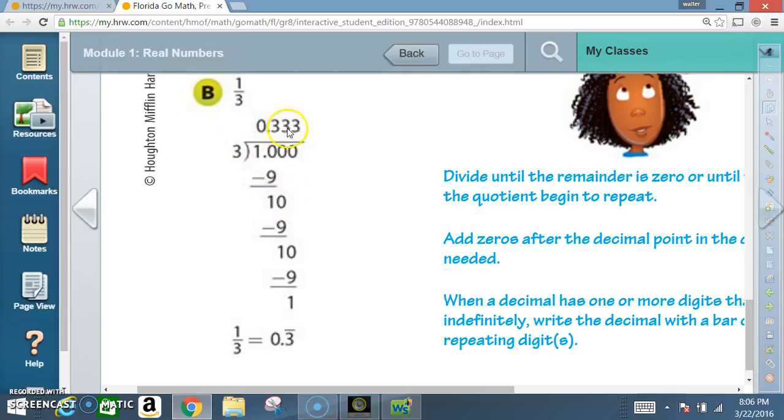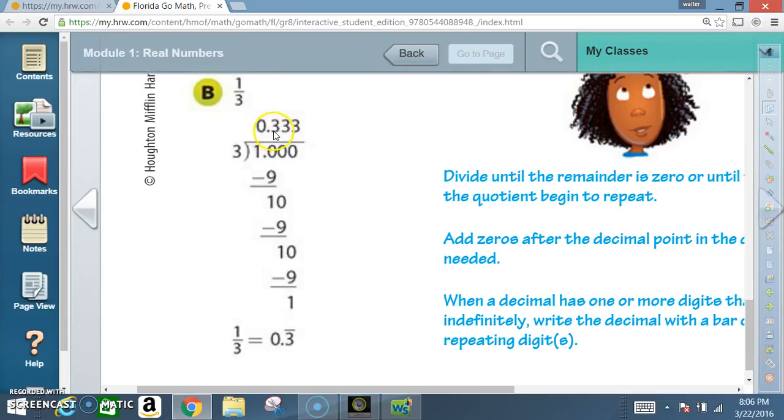3 times 3 is 9. 10 minus 9 is 1. We bring down another 0, and we ask the same question. How many times does 3 go into 10? 3 goes into 10 three times. 3 times 3, 9. 10 minus 9, 1.